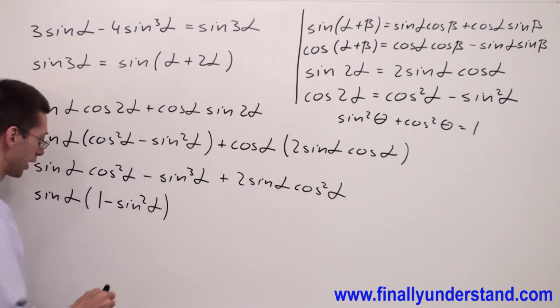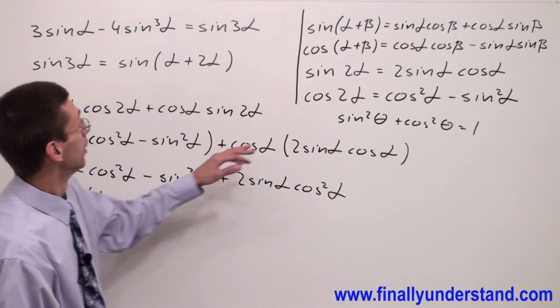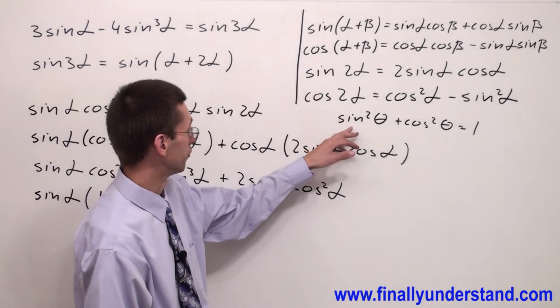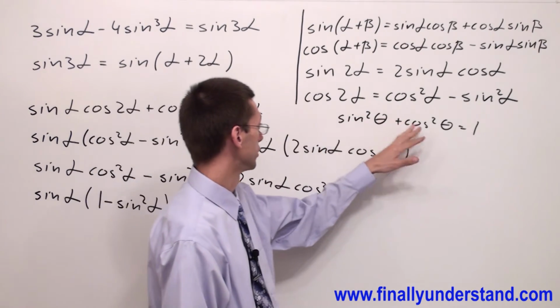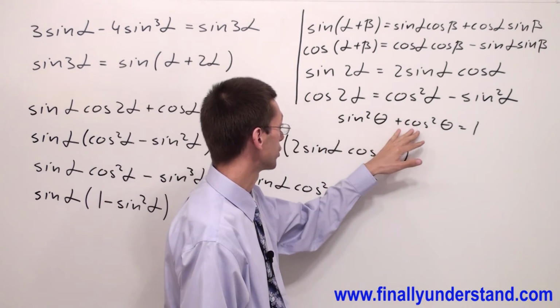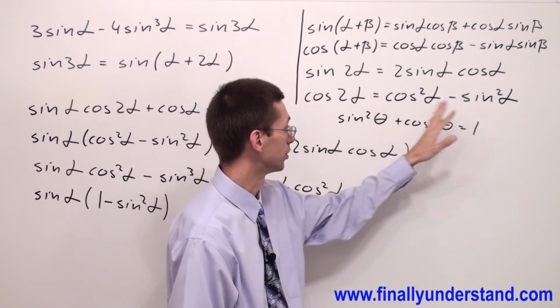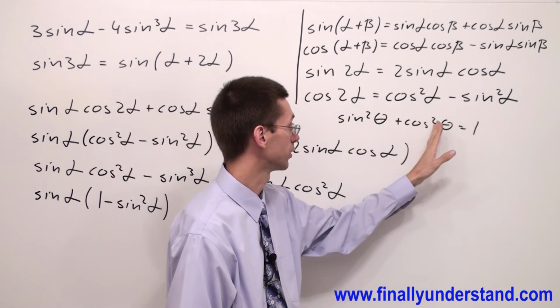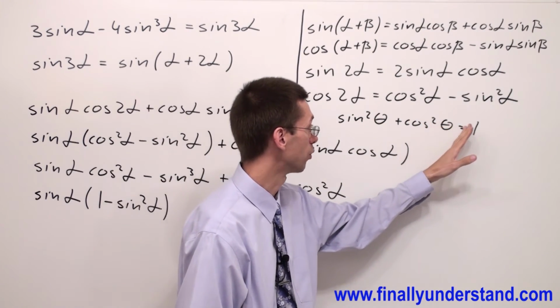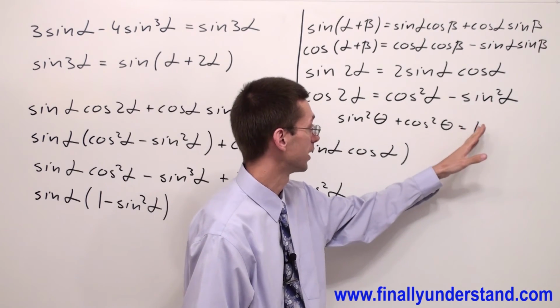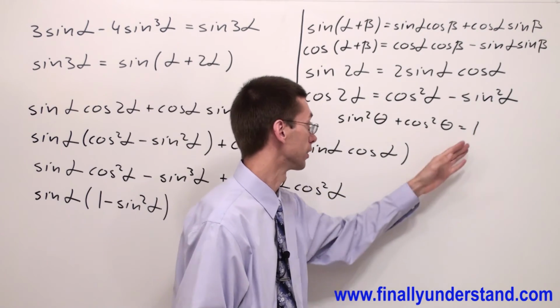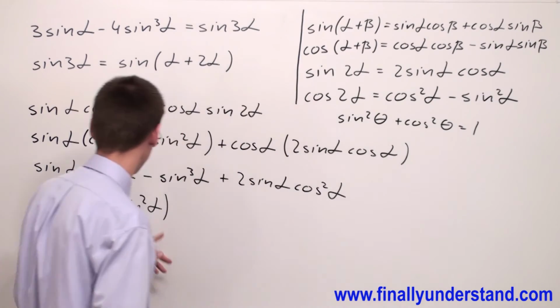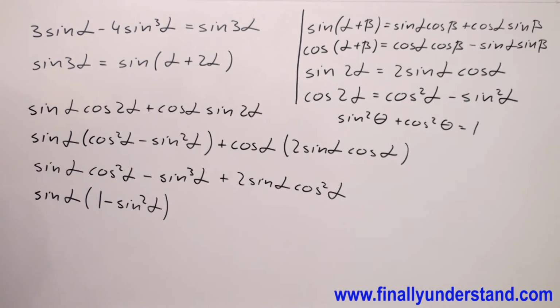Let me remind you, I used the Pythagorean relation. If you want to solve this relation for cosine, you're supposed to move the sine to the right side, and you are going to have cosine square theta is equal to 1 minus sine square of the given angle. In this case it was theta, but in our case it is alpha.